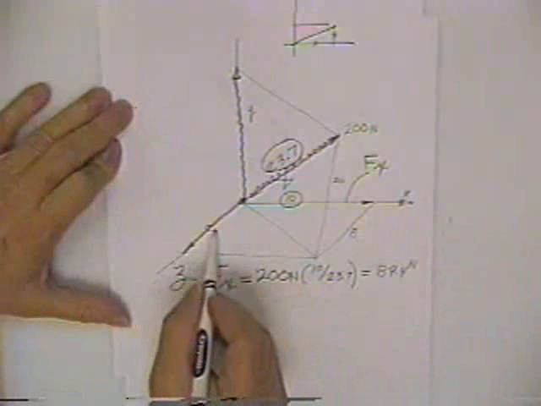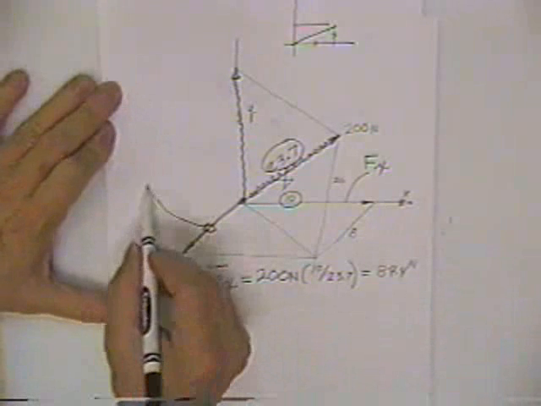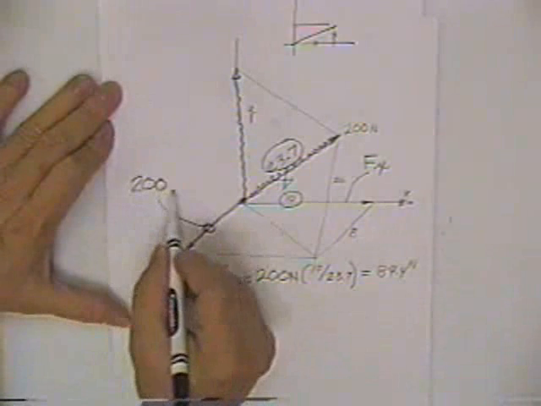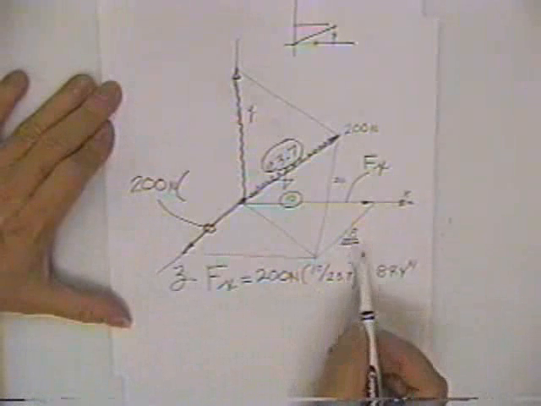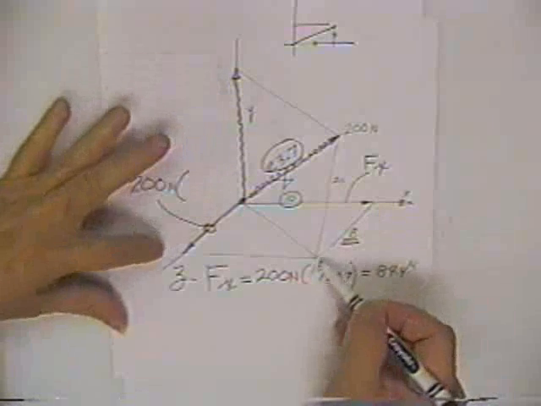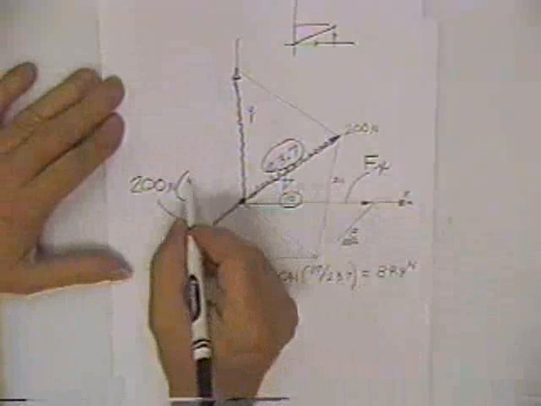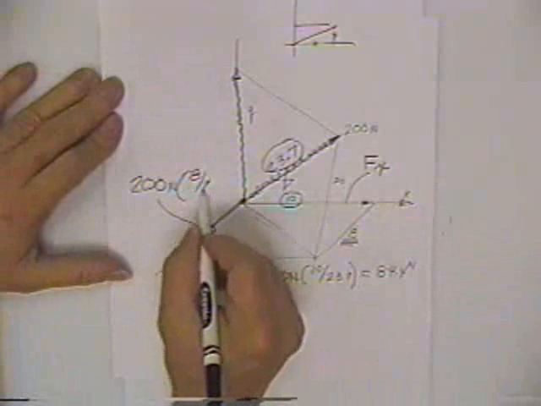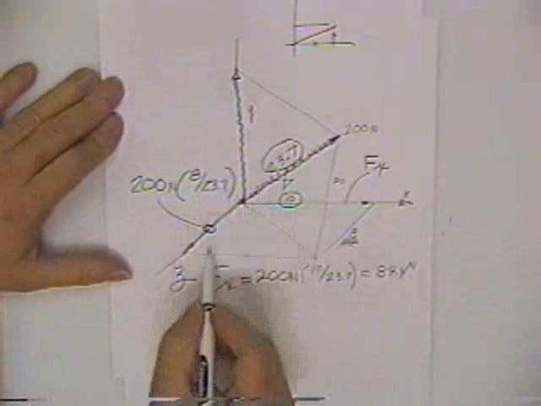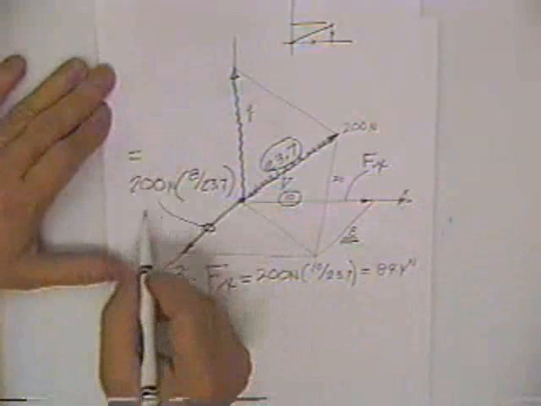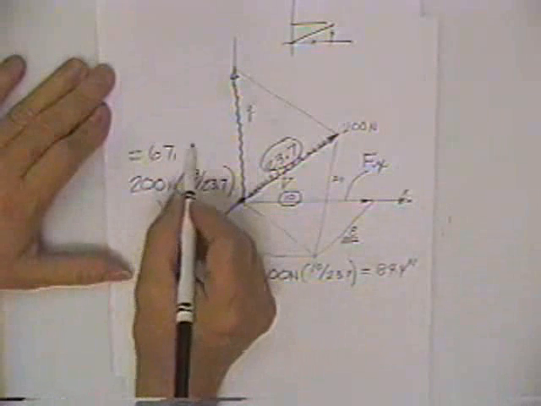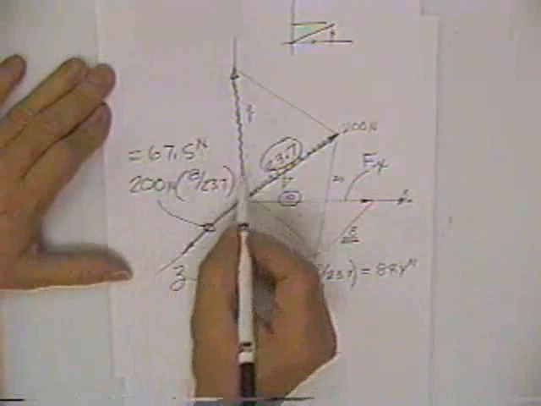So that says this guy right here would be 200 newtons, and you multiply him times 8, because that's how much projection he has down that axis, over 23.7. Tells you he points in the z direction a total of 67.5 newtons.